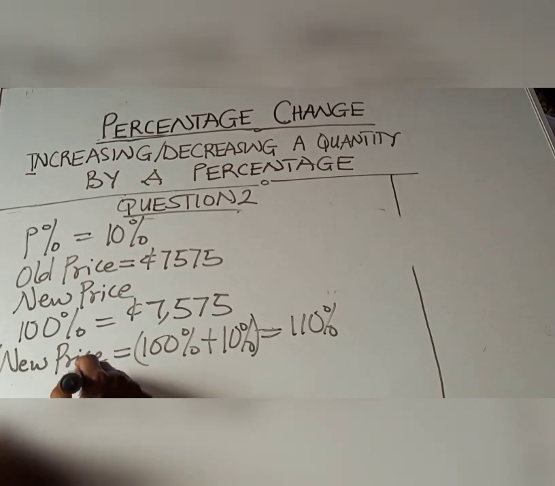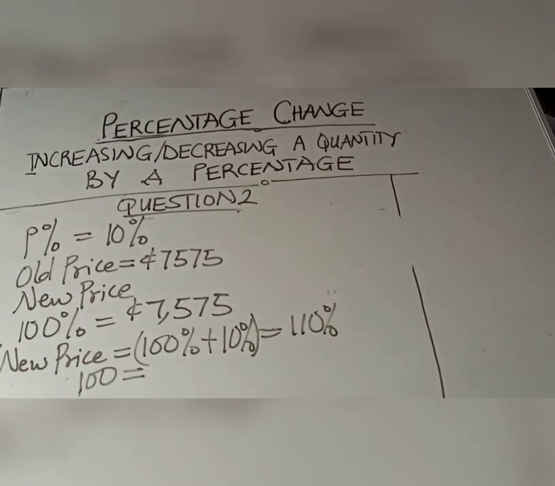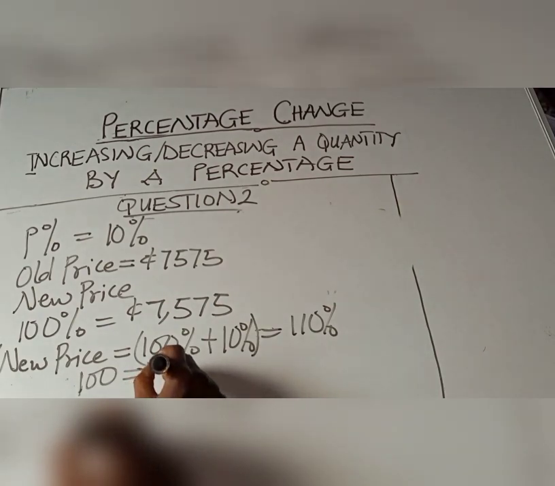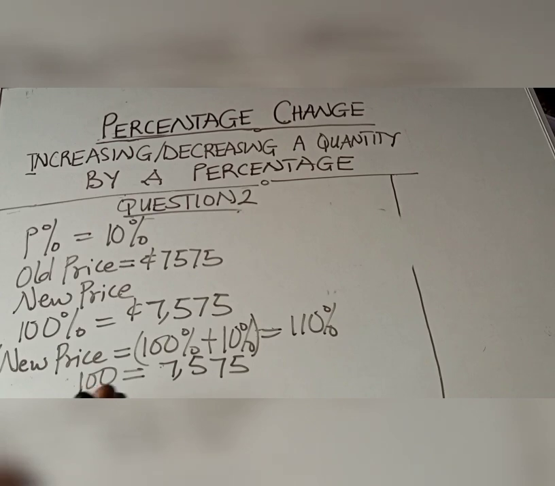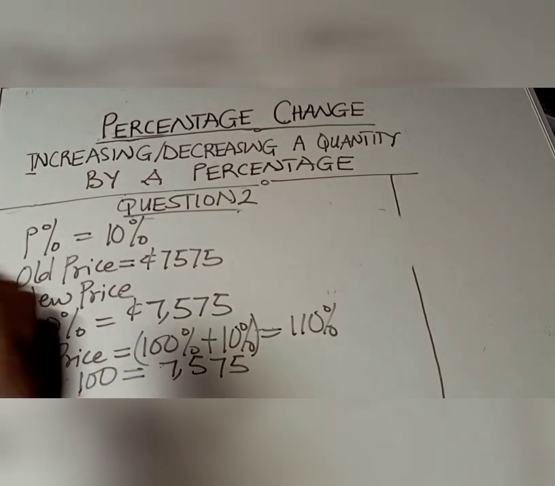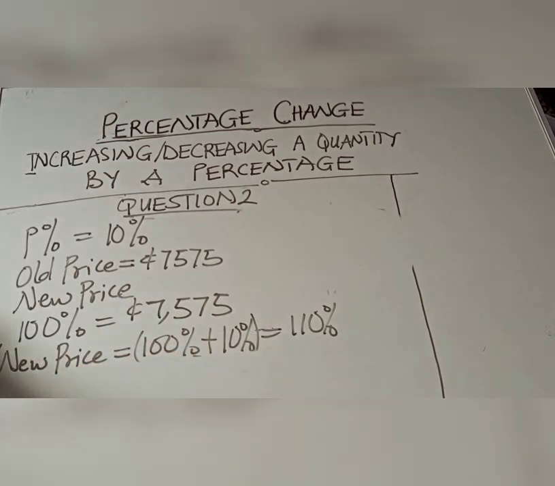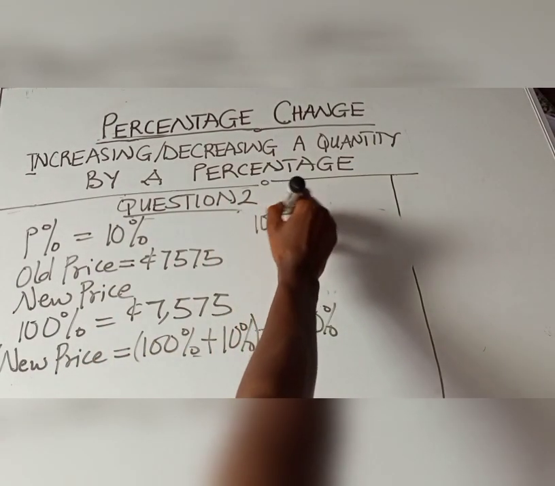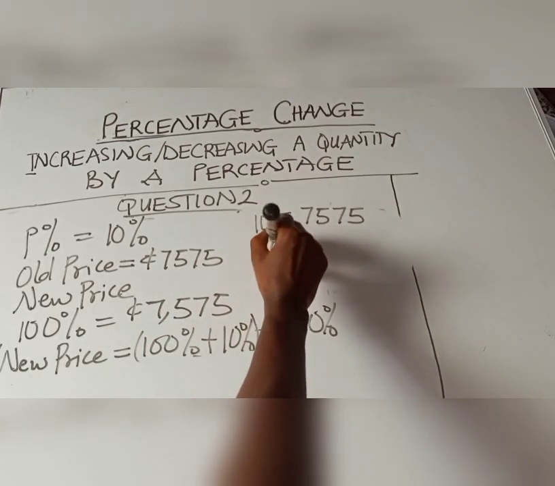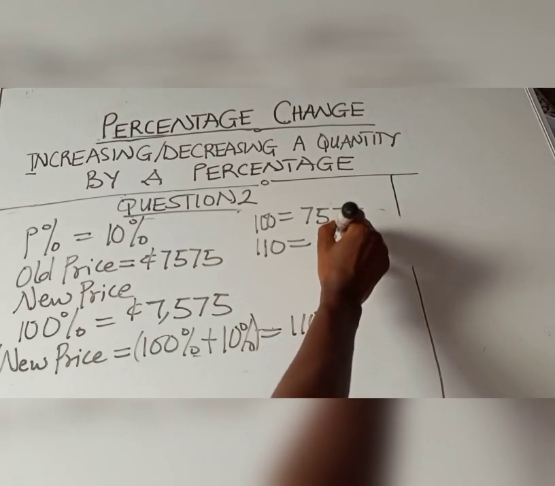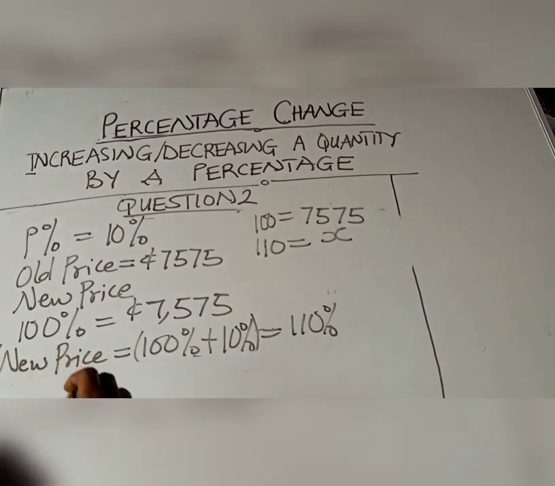So here we can say that if 100 is equal to 7,575, then 110 is equal to, we don't know, we're looking for the new price. Let's say x.